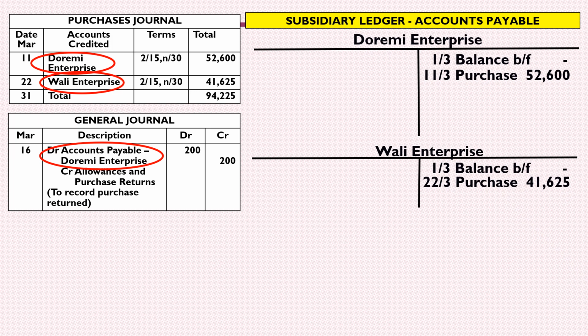So we record in Dani Enterprise account on 16 March, purchase return 200 at the debit side because the purchase return will decrease the purchase, or it will also decrease the credit amount.